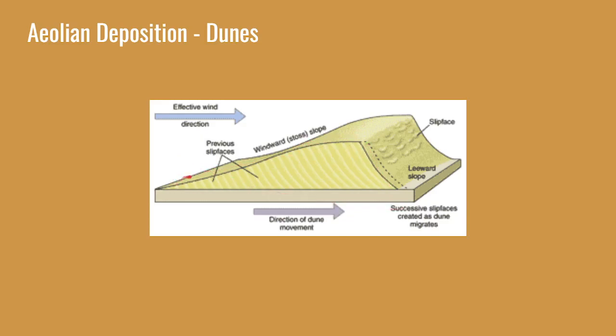It's because the sand will bounce up and up and up the windward slope until it reaches sort of a critical height where it can't support itself anymore, and then it'll fall down the leeward slope, which will be a lot steeper. So when you look at a dune, you always know where the prevailing wind is coming from. It'll come from the side with the shallower slope and go towards the lee side, the steeper slope.